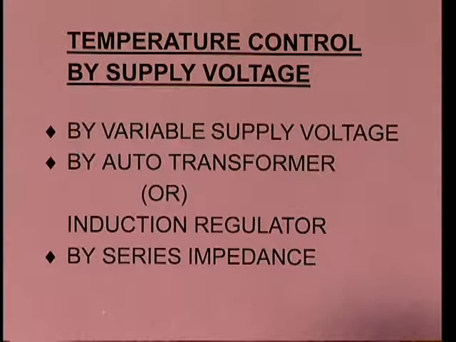Out of these three, a variable supply voltage can be supplied to the furnace by having a separate generating unit. By controlling the field current, we can supply the variable voltage, and by supplying variable voltage, the furnace temperature can be controlled. This is the first method.